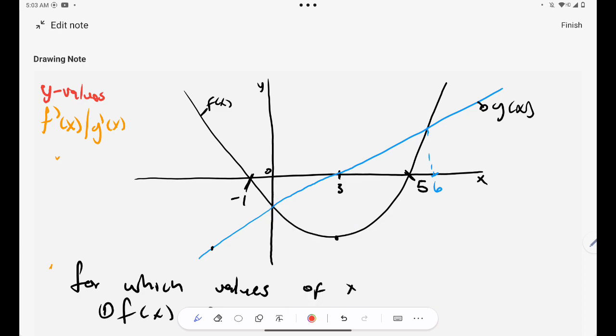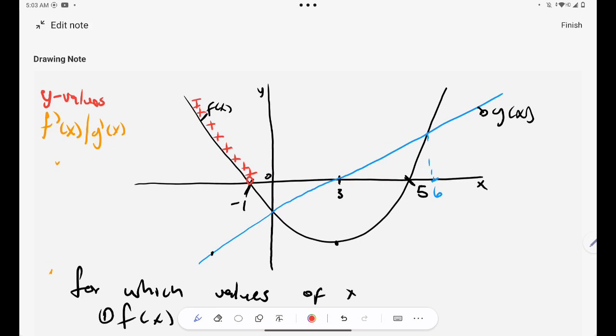So with the red, I know that my graph is positive whenever it is above the x-axis, so I'll just write positive. Here it becomes 0 because y is 0 then, eh?